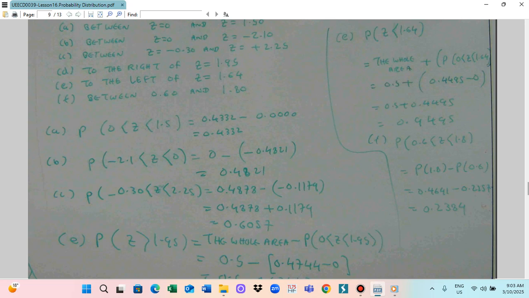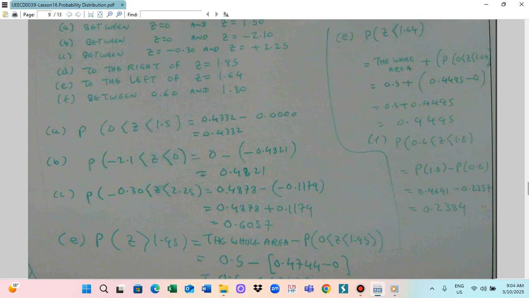Okay, so next is to the left of Z equal to 1.64. This means the equation P of Z smaller than 1.64.